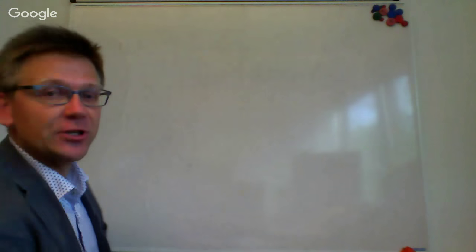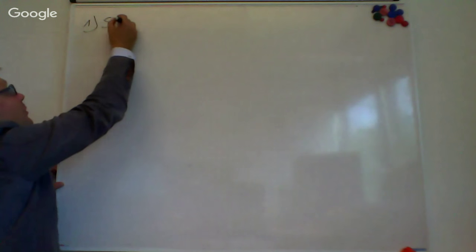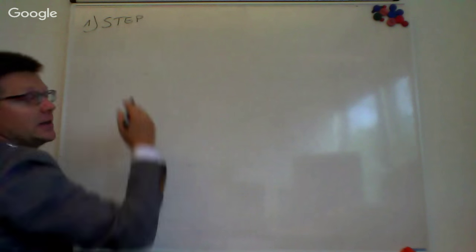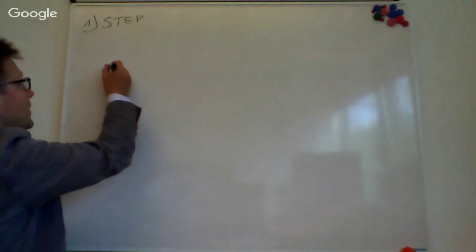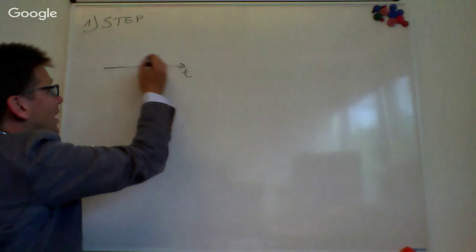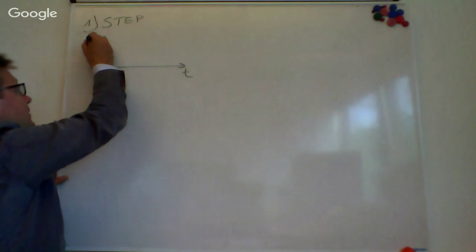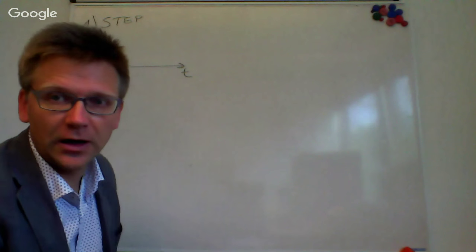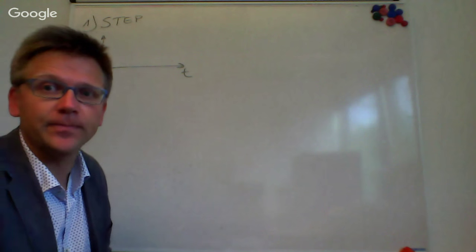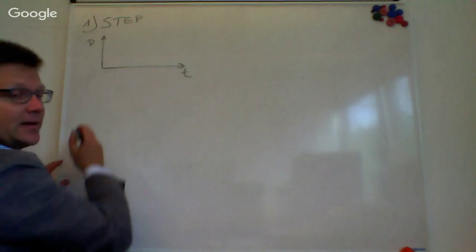So let me start with the first function. The first function is a step function. So here we go. Step. The step function allows you to step up at a particular moment in time.